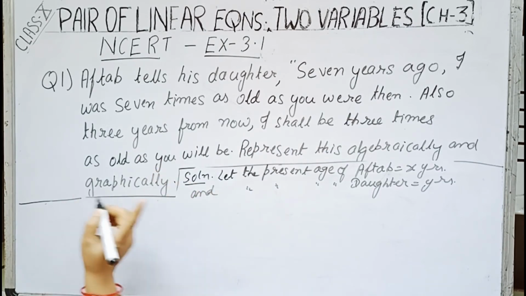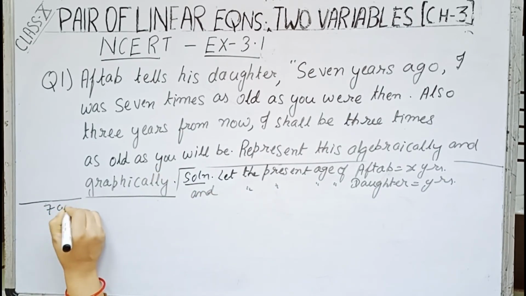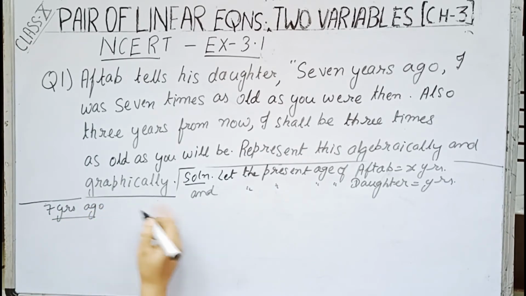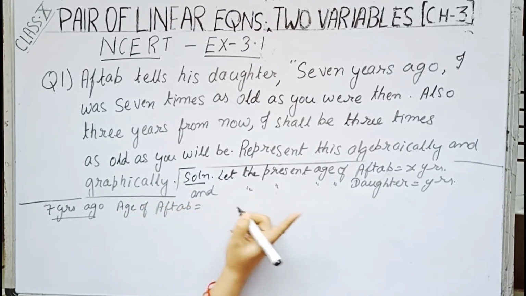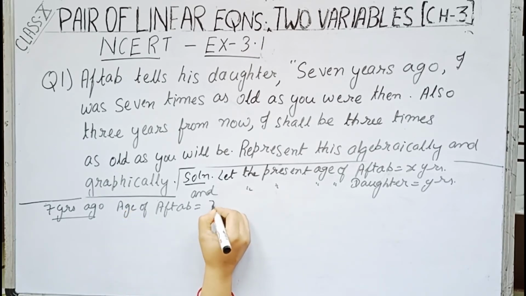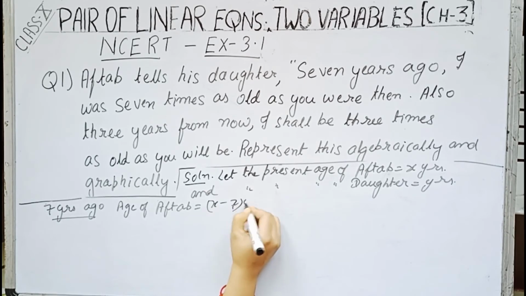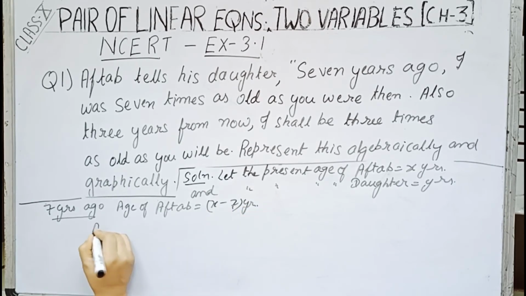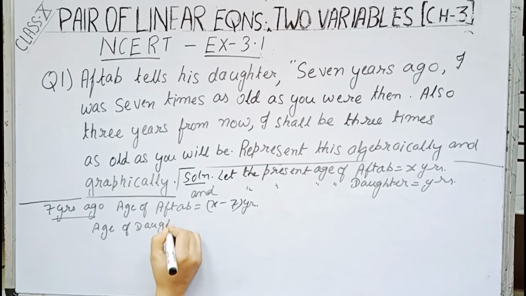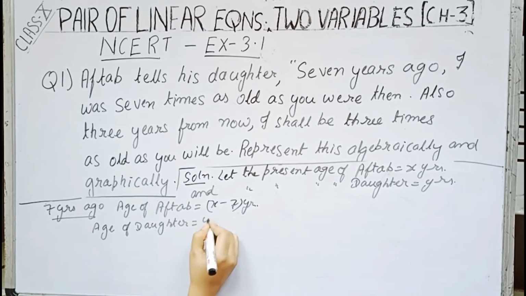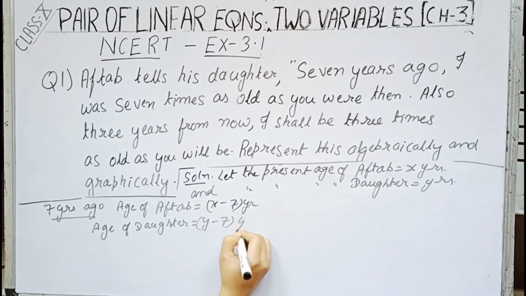Let us do the first case, 7 years ago. The age of Aftab will be how much? The present age is x, so 7 years ago Aftab will be x minus 7 years. Similarly, the age of the daughter will be y minus 7 years.